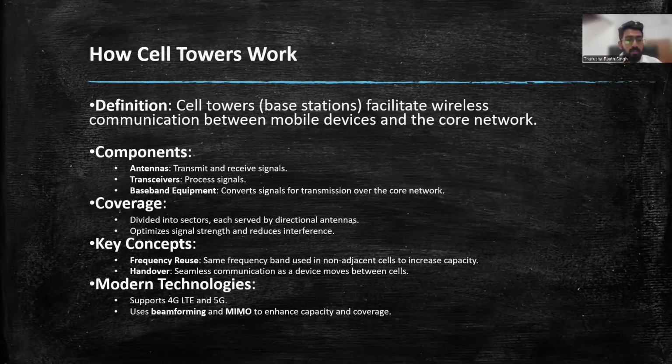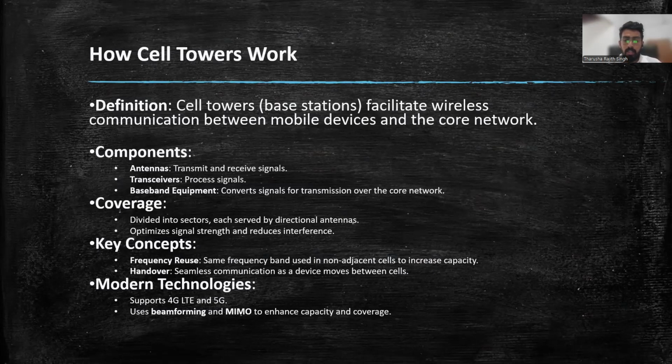So let's discuss modern cell towers. Modern cell towers support multiple generations of wireless technology, including 4G LTE and 5G. They employ advanced techniques like beamforming and MIMO. MIMO means multiple input, multiple output.